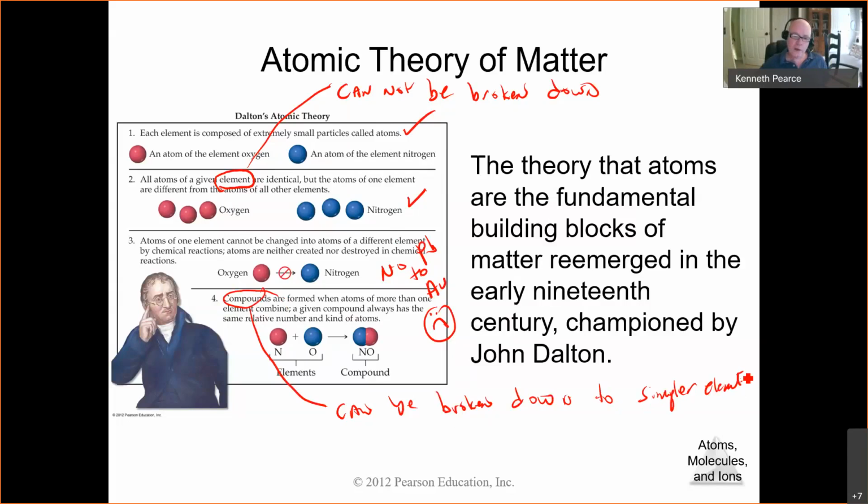So, once you form that nitrogen oxide compound, well, you can certainly go back in the other direction and get nitrogen and oxygen atoms. But if you have a sample of oxygen, it's all oxygen, and you don't break it down into something more simple. So keep that in mind that you can't do that.